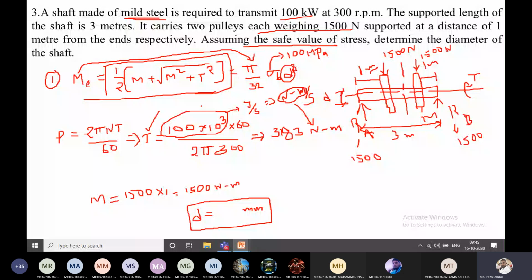First write the product you got in Newton meter, convert it into Newton mm, then equate to this equation. Tell me the value of D. Why are you people taking so much time? I am writing here 70 mm. Oh no, sorry, not 70 mm.